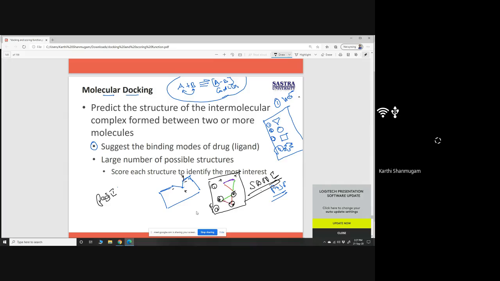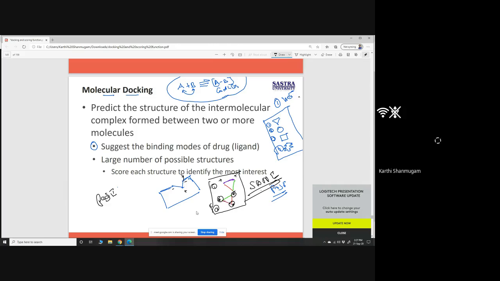If we can position the ligand molecule in different ways inside the binding site, there should be some way to tell which conformation or which pose is the best pose. In our example, the first pose is the best pose.